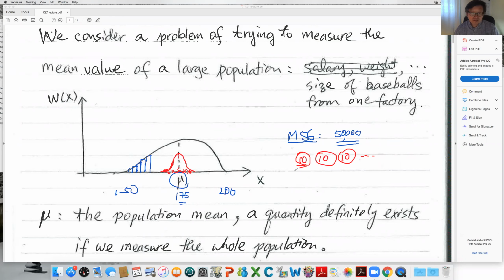This is enormously valuable because by doing a small number of measurements, let's say I do a sample of 10 and then I do it 10 times, how many people have I counted? I have 10, 10, 10, and I do it 10 times.